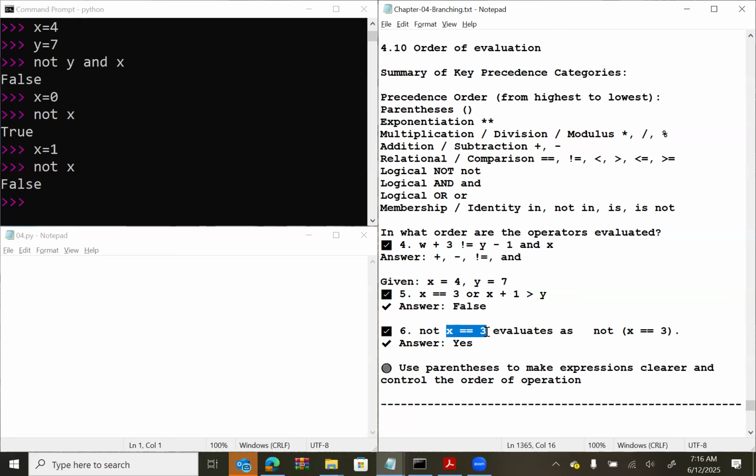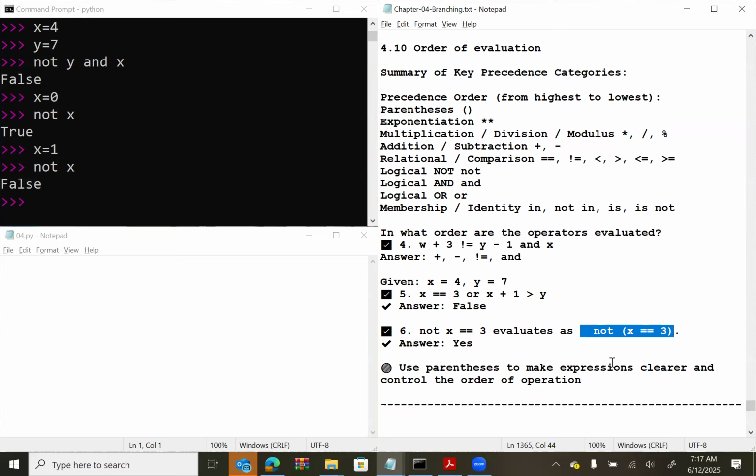The answer is false. So not false will become true. So first we will evaluate x is equal to 3 and then we'll go for the not. So this is the answer. The answer is yes, this is the right way.